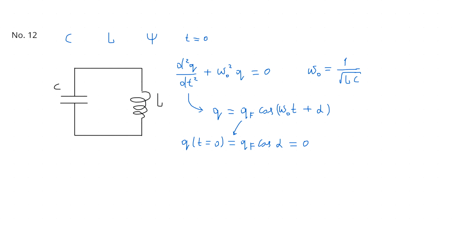So from here we will get that cosine alpha is equal to 0.